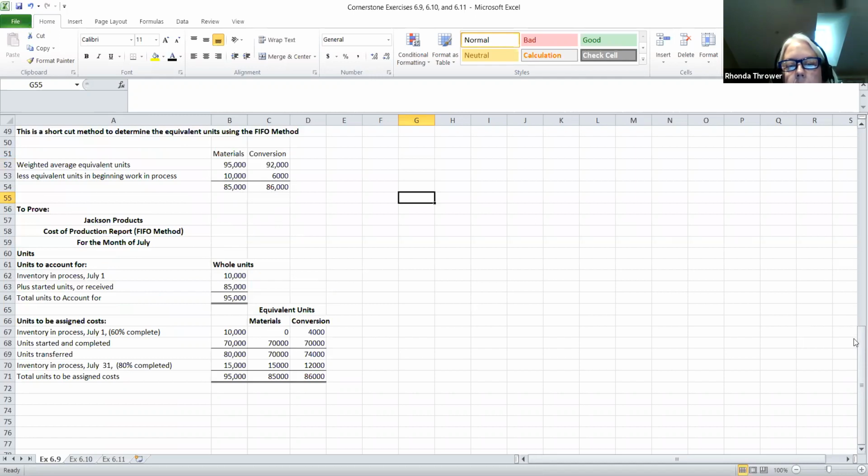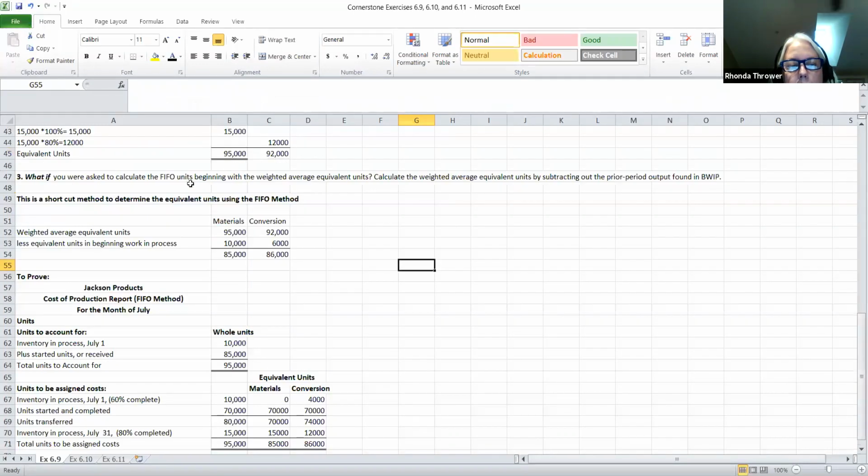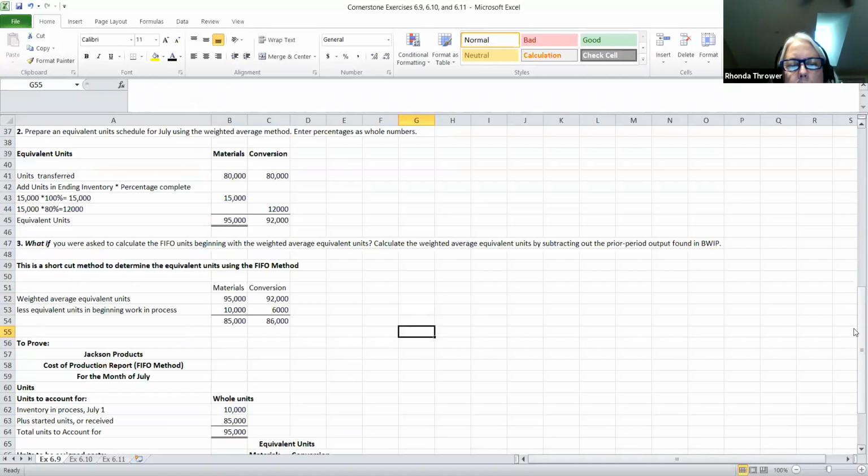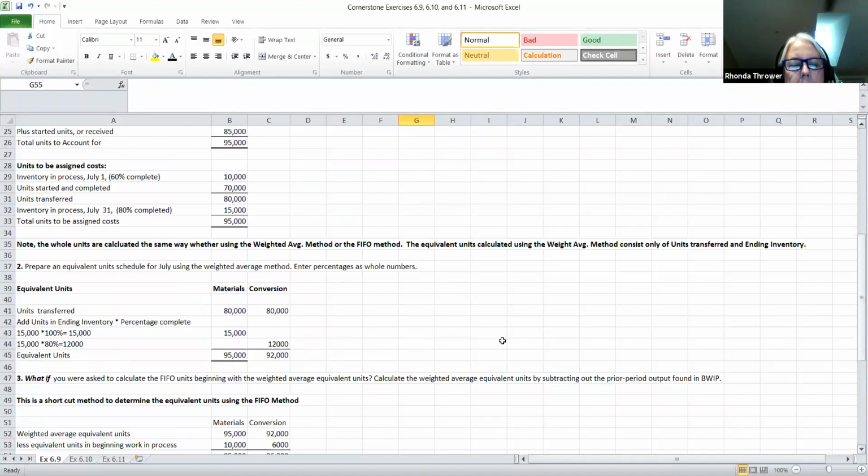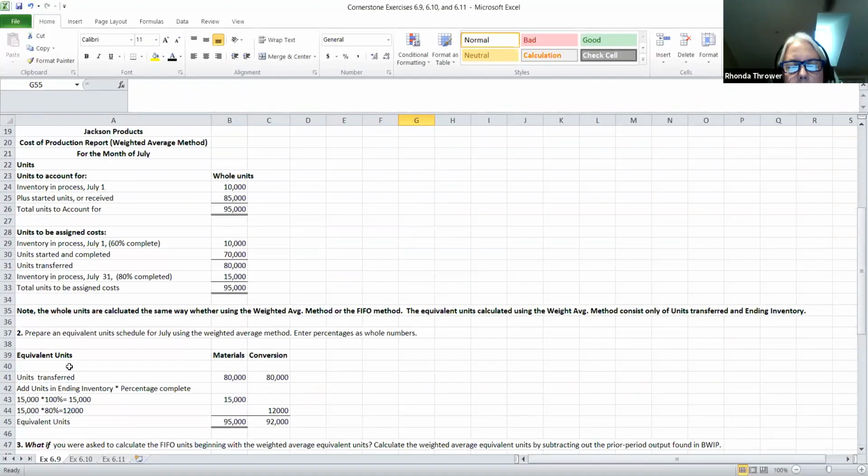So they kind of had you going all over the place with this what if analysis. If you do not understand the what if analysis, don't worry too much about that. What I do want you to worry about is calculating equivalent units using the weighted average method. I want you to know that your whole units will be the same whether you use the weighted average method or the FIFO method.